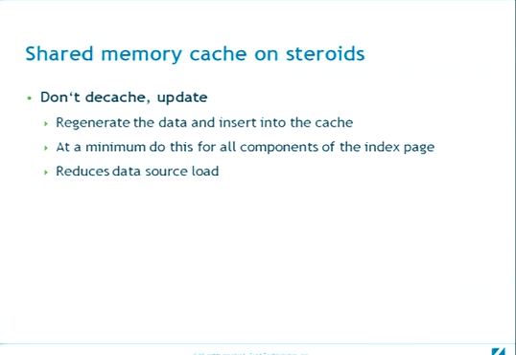Now, if you want to make things even better, because the biggest problem with running a cache is what happens when you decache. So your database is updated, you know this, you kill one of your keys, or maybe even if you're really unlucky, the entire cache. What happens then is that your 200 front-end servers start to hurt your database very badly, because they're all trying to update the same record in your cache.